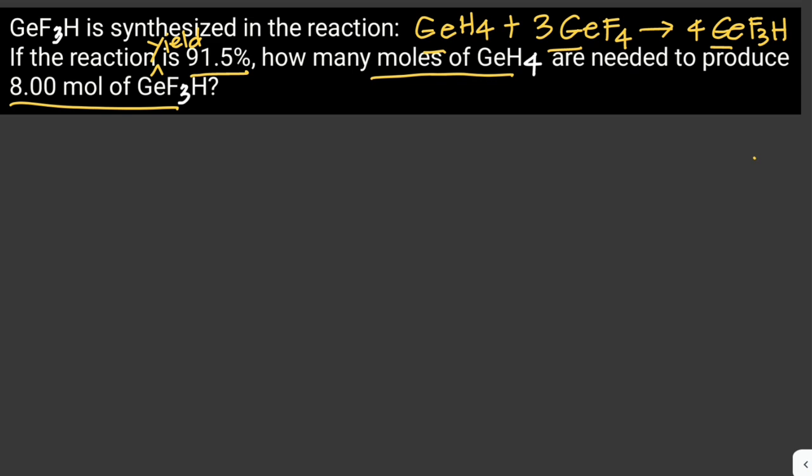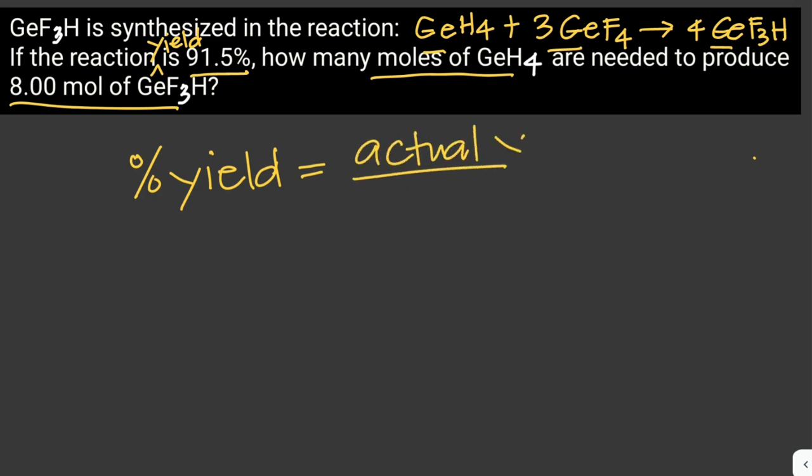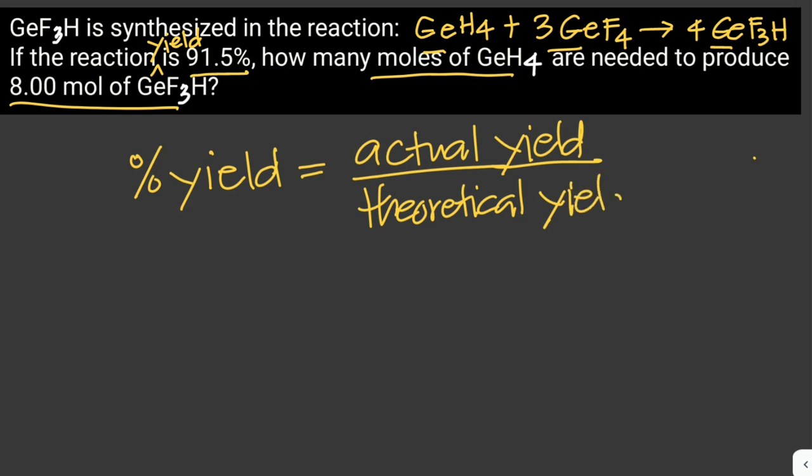actual value. So percent yield, using the formula in solving for percent yield, is equal to actual yield over theoretical yield times 100%.